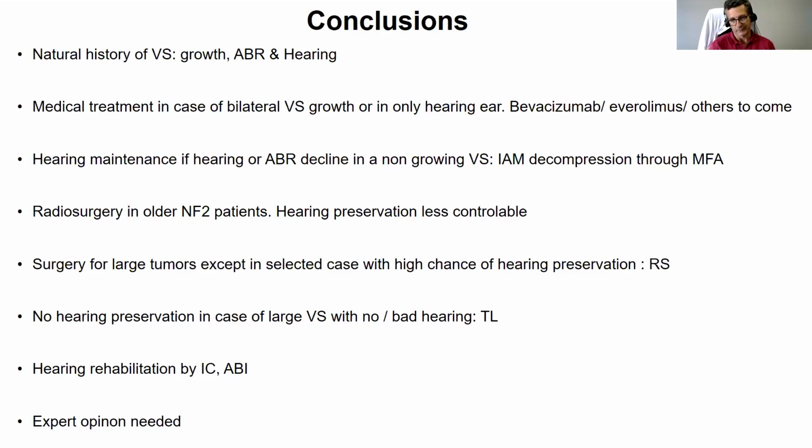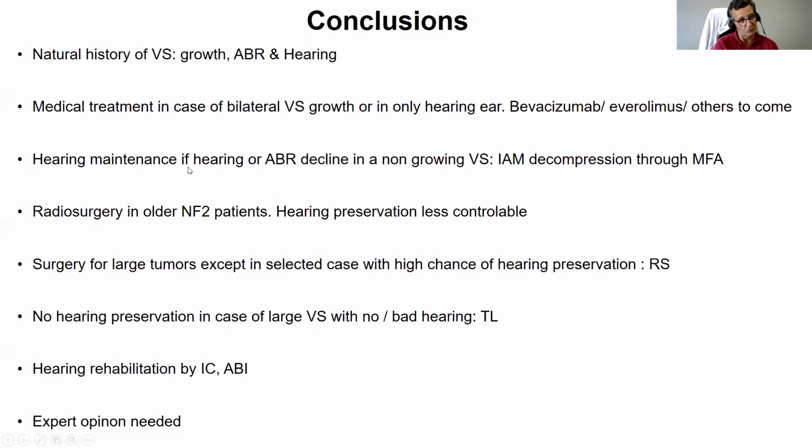I say, maybe it's time for medical treatment. And medical treatment in the only hearing ear. Nobody will treat a patient with only one hearing ear. So the place is for bevacizumab or everolimus or others to come. We have to expect in the near future to have other options.